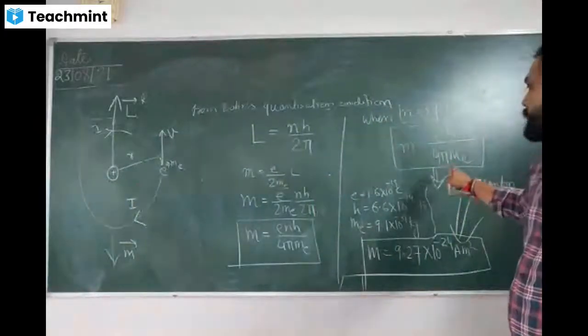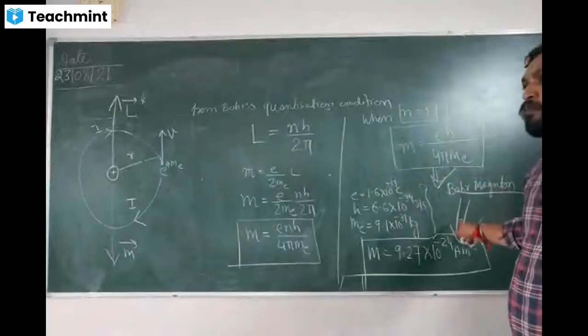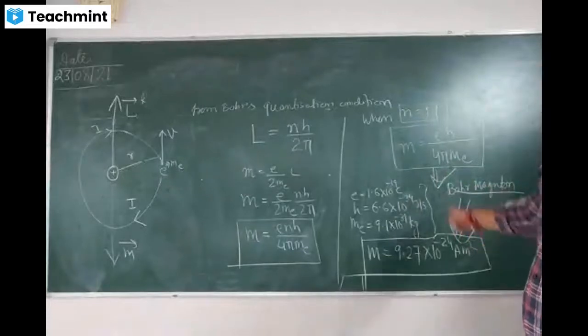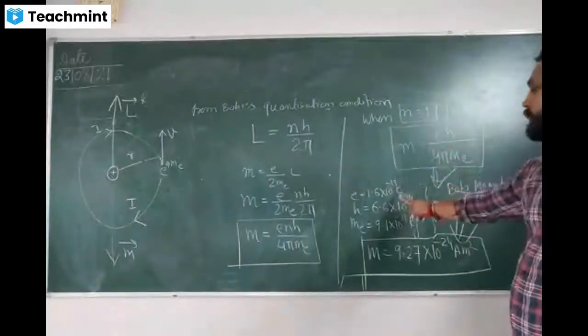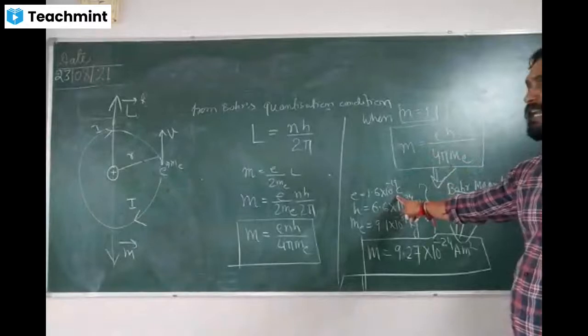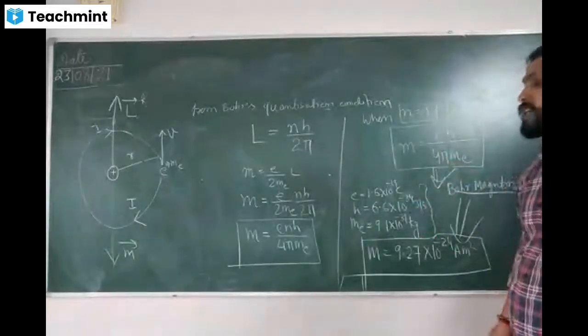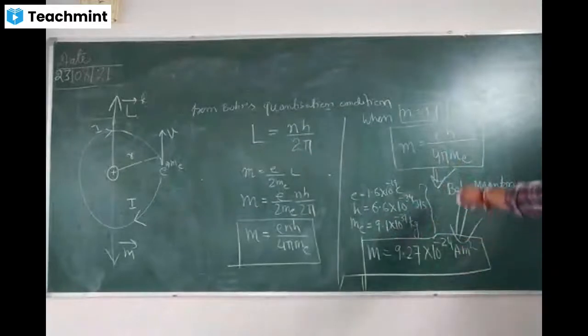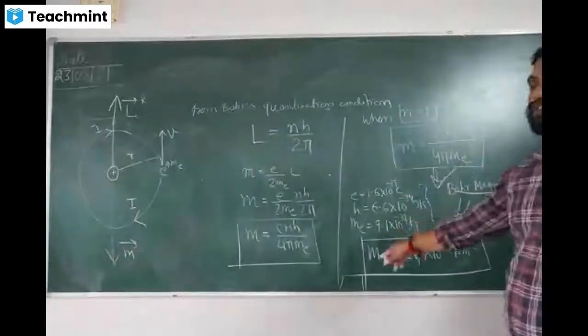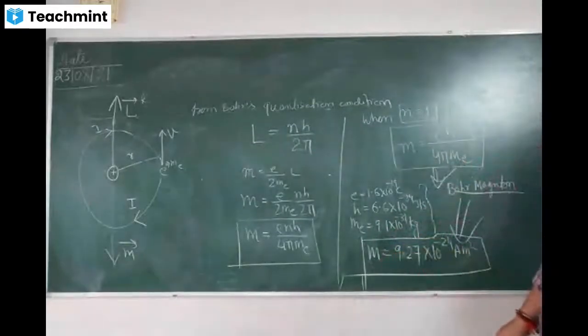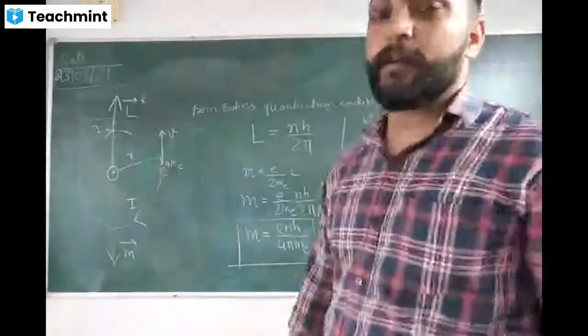This value of magnetic moment is known as the Bohr magneton. Putting e as 1.6 into 10 to the power minus 19, h as 6.6 into 10 to the power minus 34, and the mass of the electron for me, we get 9.27 into 10 to the power minus 24 ampere meter square. This is the value of the Bohr magneton.